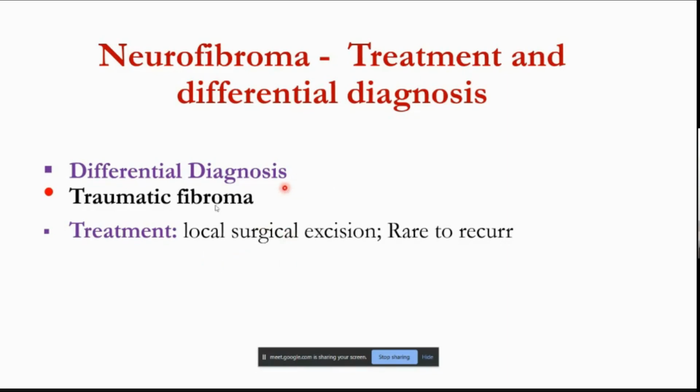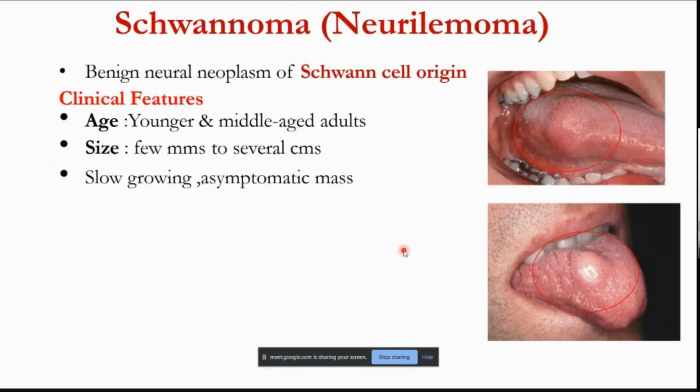But of course there's a history of trauma. That's how you differentiate it. The treatment is local surgical excision, and once you excise the tumor, you don't have to remove anything around it. It is very rare that it will come back. So that is good news in the case of neurofibroma.